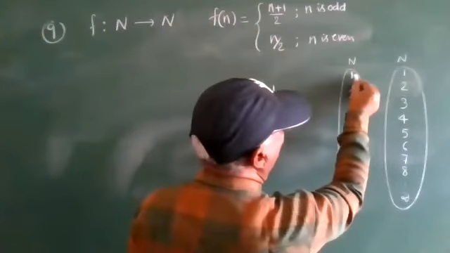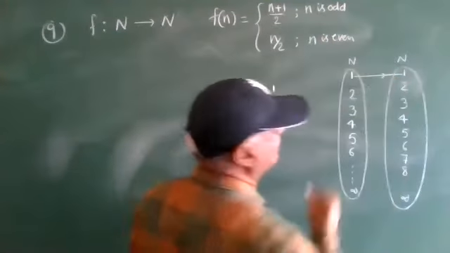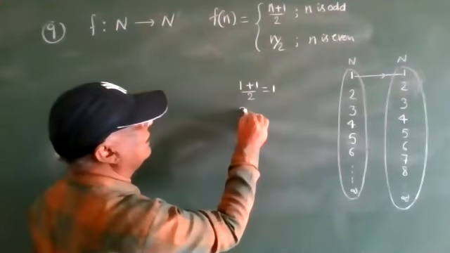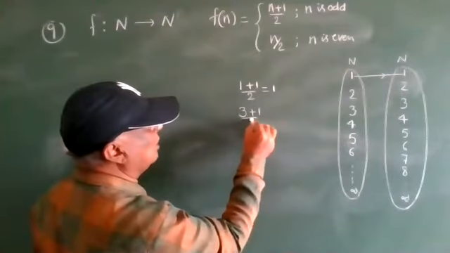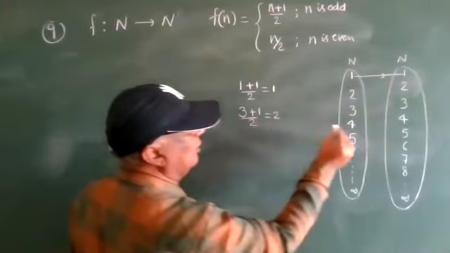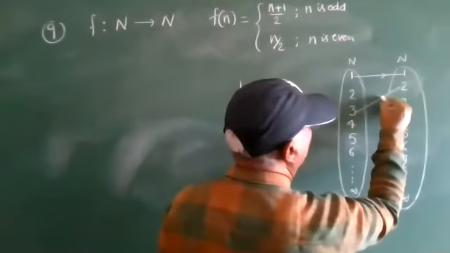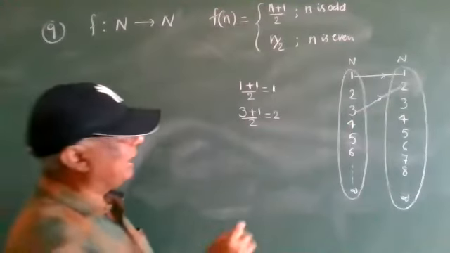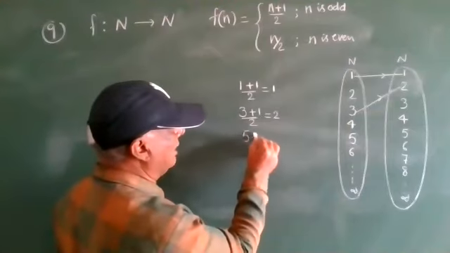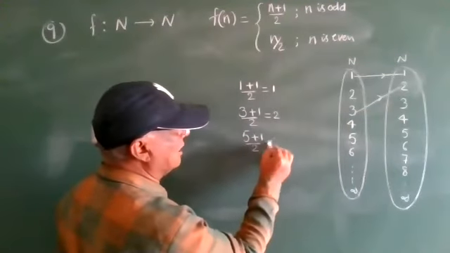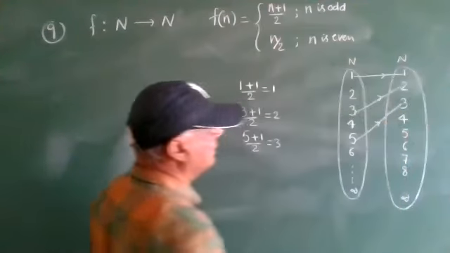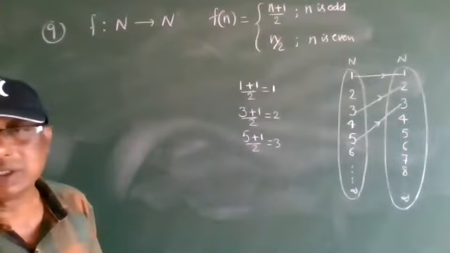For 3: (3 plus 1) by 2 is equal to 2. For 5: (5 plus 1) by 2 is equal to 3.